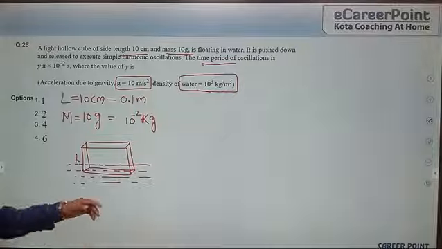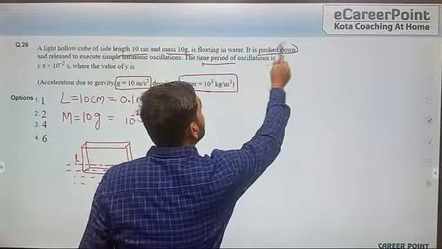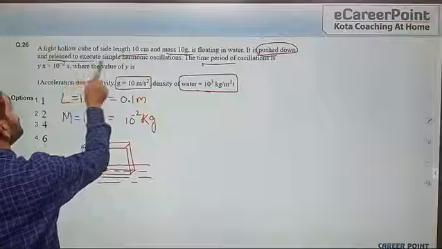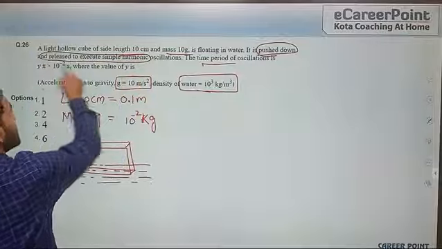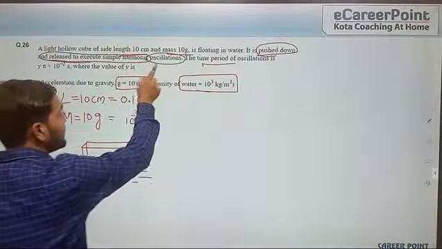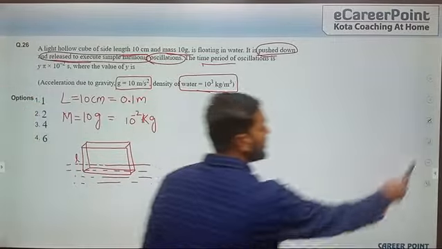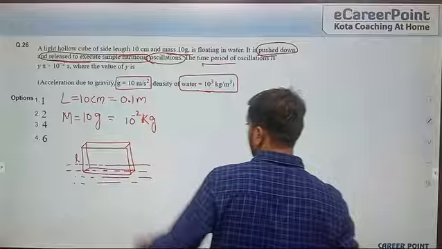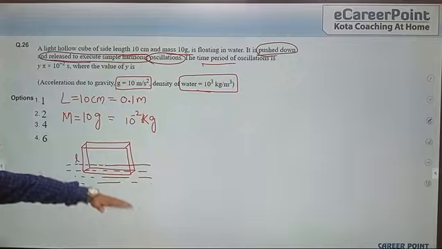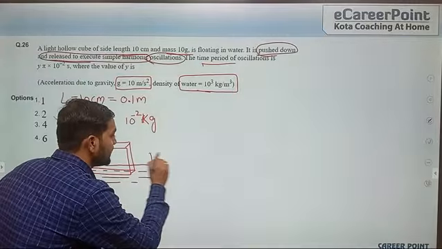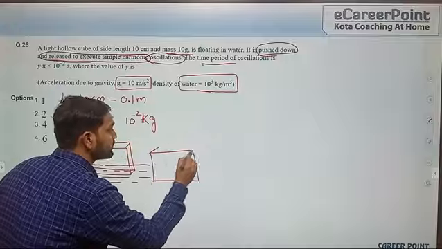Then what happens here? It is pushed down and released to execute simple harmonic oscillations. It is pushed downwards, so it will move inside the water. Let us draw the diagram here.